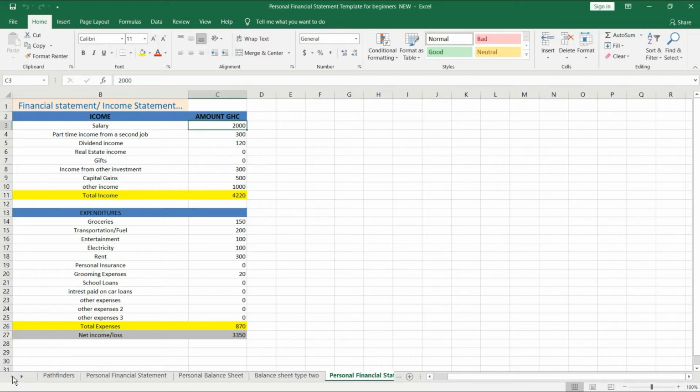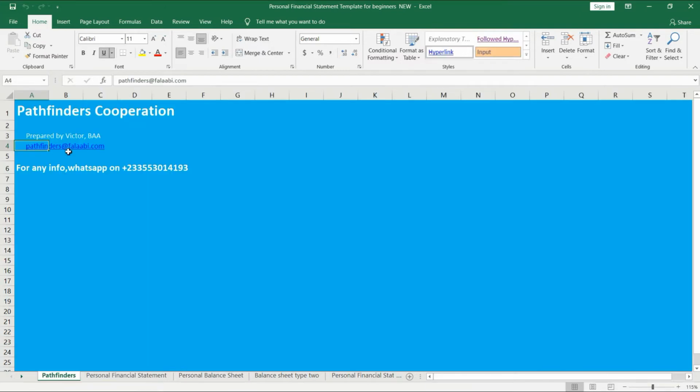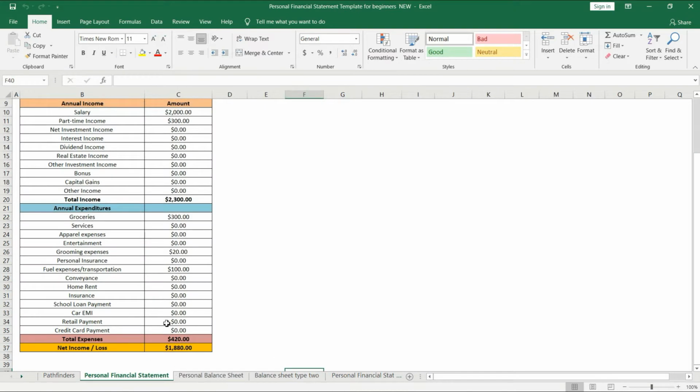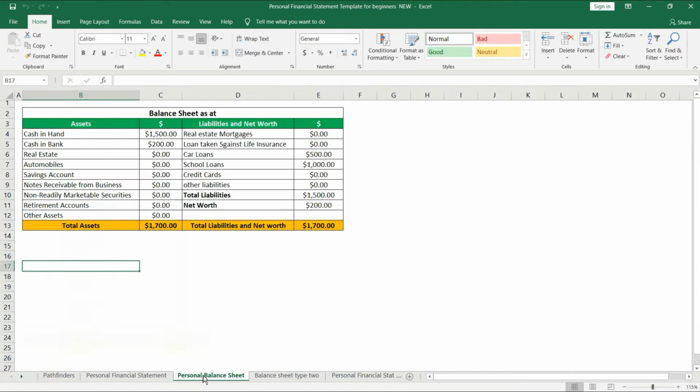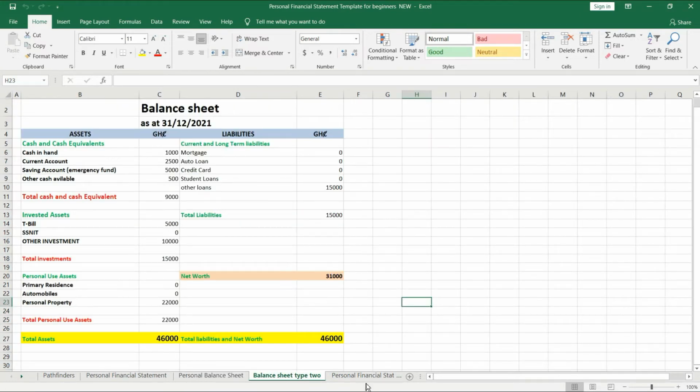The file contains five sheets. With the first one you just see this, the second one you see this, and the third, fourth and fifth ones you see this.